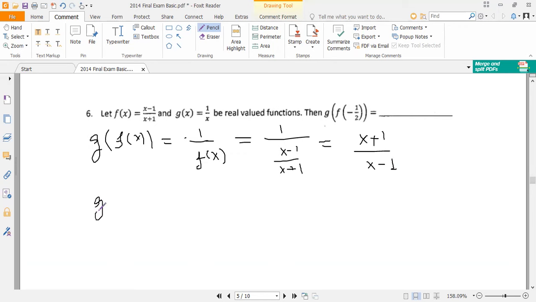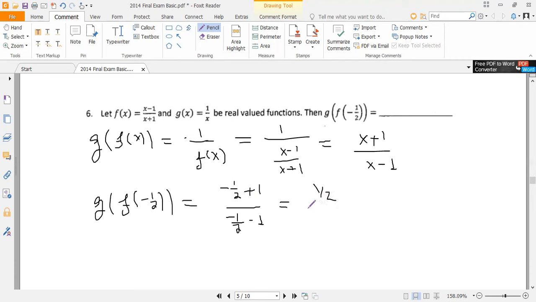So g of f of minus 1 over 2 is equal to minus 1 over 2 plus 1 over minus 1 over 2 minus 1, which is the same as 1 over 2 over minus 3 over 2.